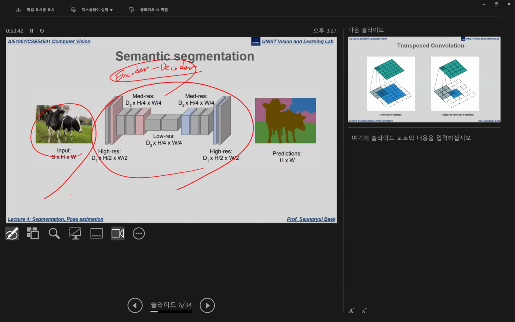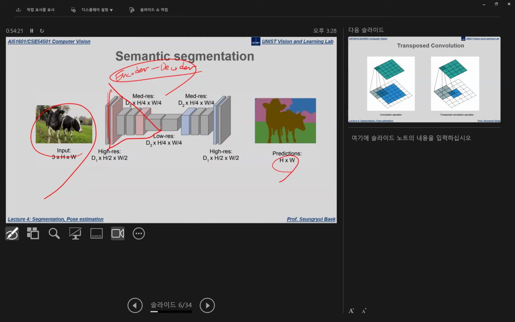If they input this H by W by three-dimensional input, their output is H by W. You may also remember that in CNNs, because of the characteristics of max pooling and convolutional layers, we tend to reduce the 2D dimension of the images.